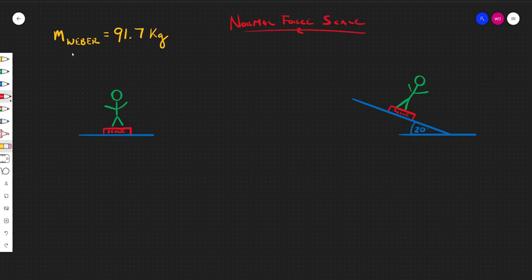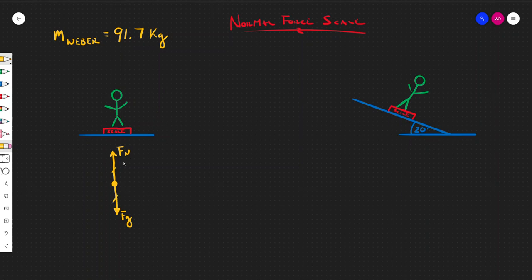Okay, so I've told you my mass is 91.7 kilograms. So let's figure out what the scale would read when I just stand on it on the flat ground. So first, let's draw a free body diagram. Okay, so there's me, and we're going to have the force of gravity, and then there's also normal force, and we said that these will be equal but opposite.